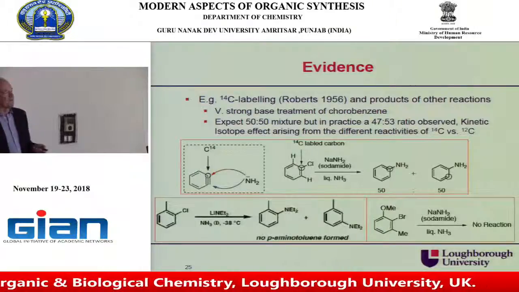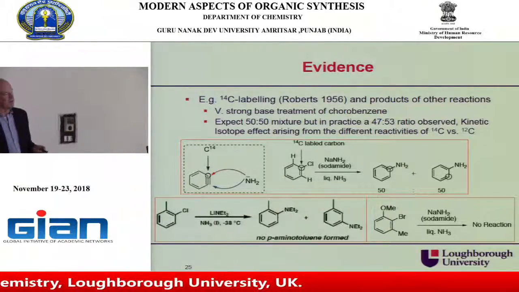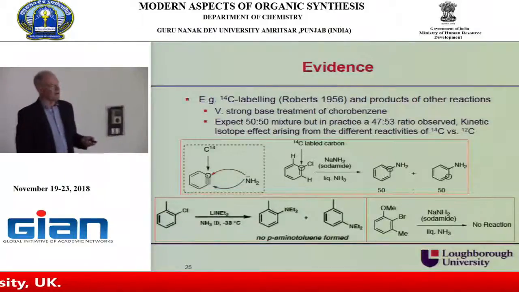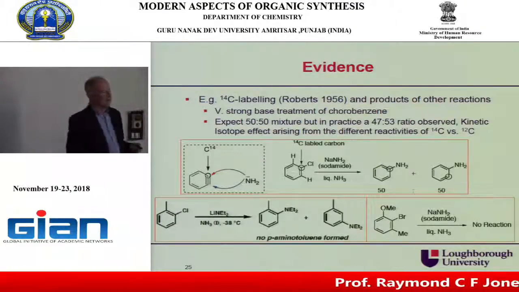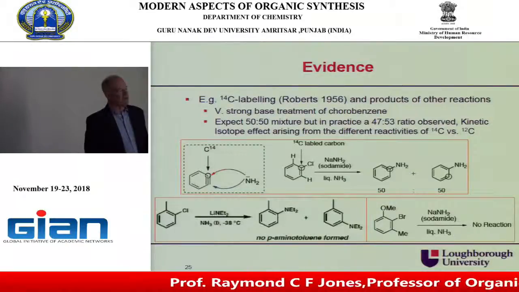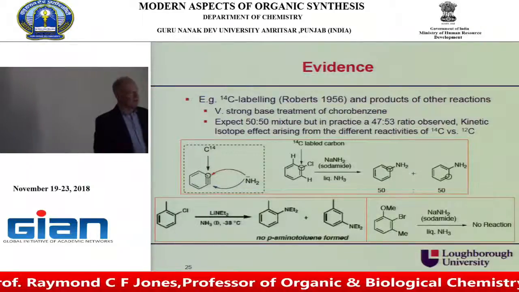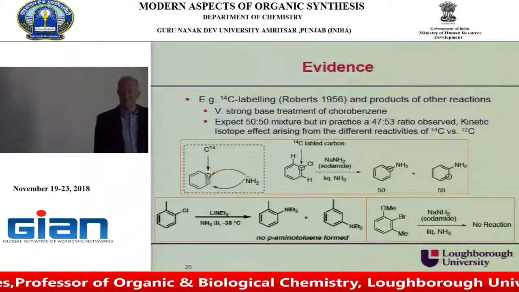And so there is the reaction we saw on the last slide with a mixture, but another important point was that there was no para substitution, so the reaction only affected the original chloro-substituted position and the next door position. If you block the next door position, so here is methoxy and a bromo this time, and a methyl group, same type of conditions, no reaction occurred.